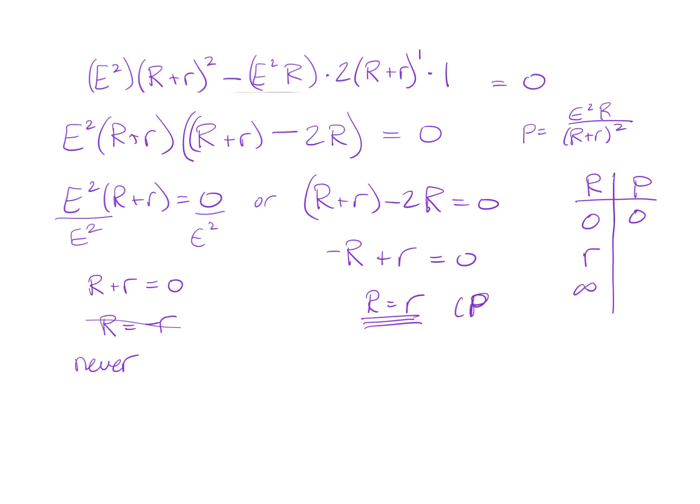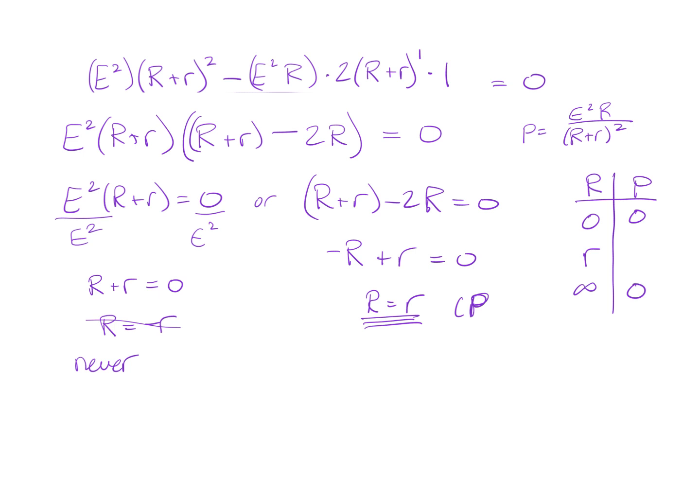If I think about what happens as big R goes to infinity, the numerator goes to infinity, and so does the denominator, but it's going to be big R to the first in the numerator and big R squared in the denominator. So the denominator is going to go to infinity faster, and this will go to 0. You could write it out with L'Hopital's rule if you want, but that ends up going to 0.